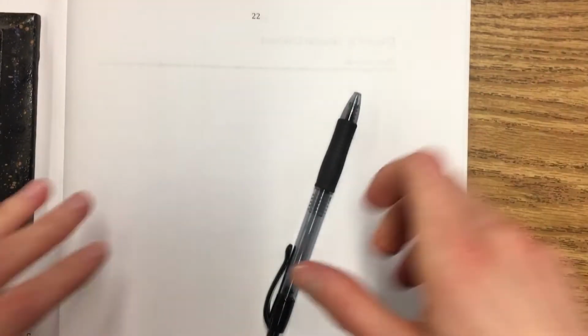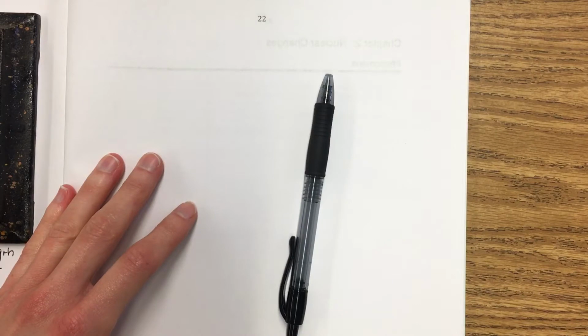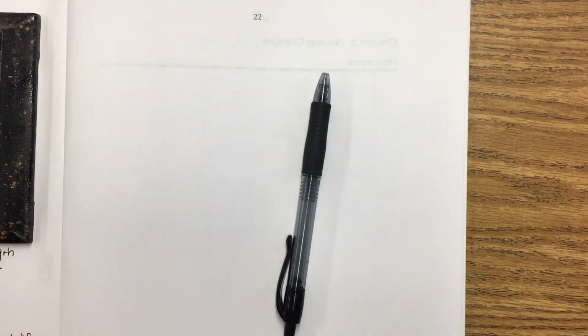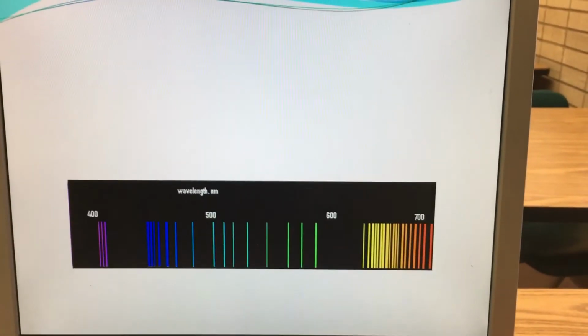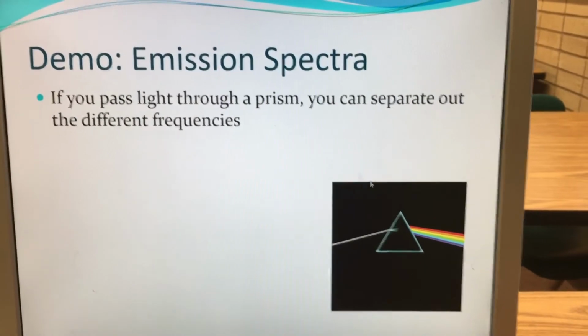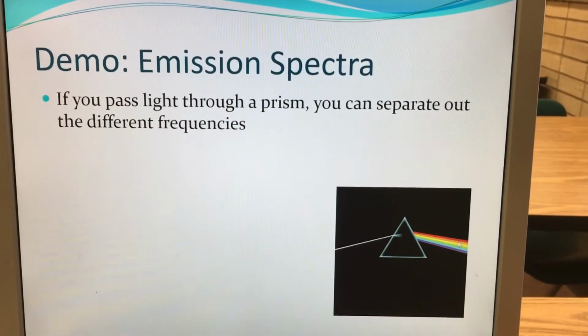Okay, now for every element, the pattern of light that it gives off is called its atomic spectrum. You've probably learned before that when you pass light through a prism, you can separate it out into a rainbow, right?